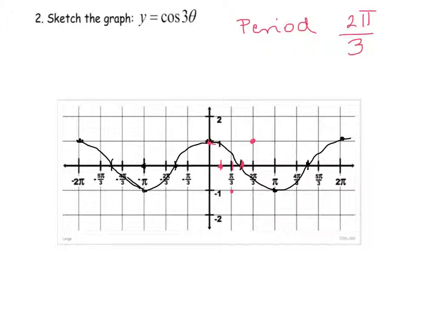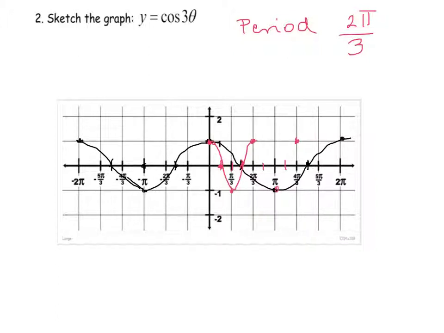So if you connect these points, you have a cosine graph that is a third as long, so its period is only 2 pi over 3. So now I can continue graphing more. I'm going to do my second one, which is going to be here, and I'm again dividing the space into 4 equal parts.